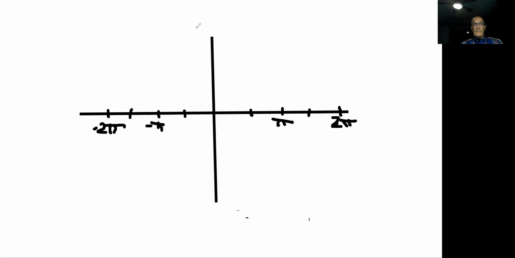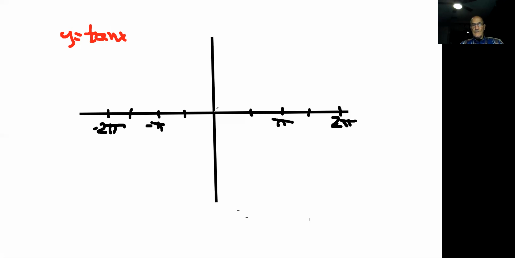Now we're going to draw the tangent function. So we'll do y equals tangent x. Now, what you know about the tangent function is that it is the sine over the cosine, right? So at 0, your sine is 0 and your cosine is 1.